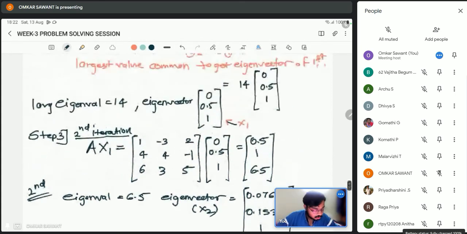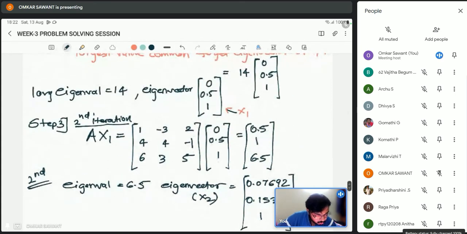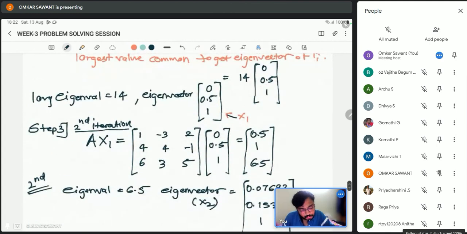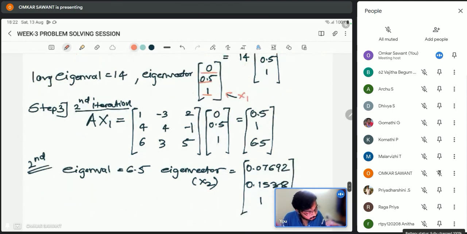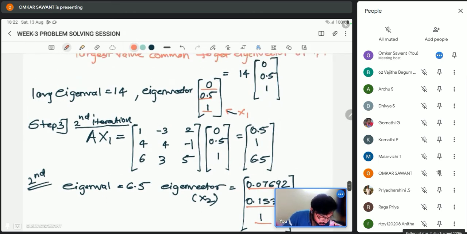And finally, now, did you achieve a good error? No, means the error is not less, right? Between the first and the second, we will see the difference between these values and these values. The third value is okay, but there is a great difference in the second value, right? So we have to take one more iteration.